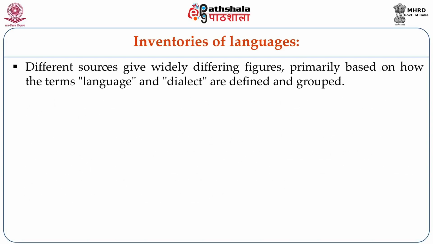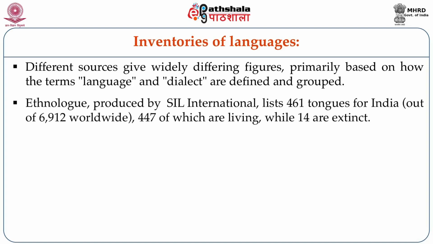Different sources give widely differing figures, primarily based on how the terms language and dialect are defined and grouped. Ethnologue produced by SIL International lists 461 tongues for India out of 6,912 worldwide, 447 of which are living while 14 are supposed to be extinct.